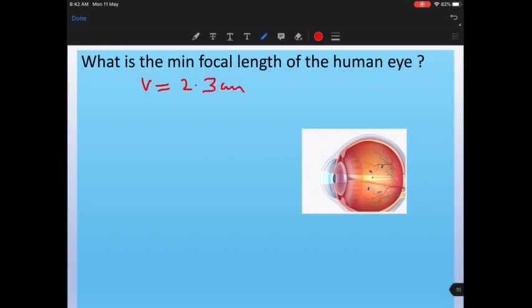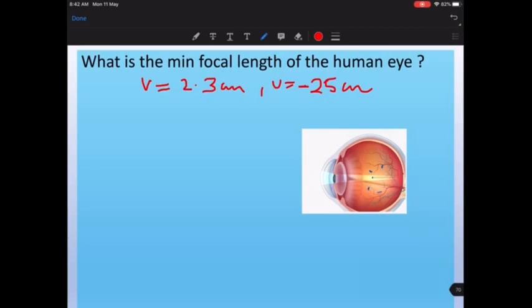Now, if you substitute in the formula, just give me 5 seconds. The formula here is 1 upon f is equal to 1 upon v minus 1 upon u.